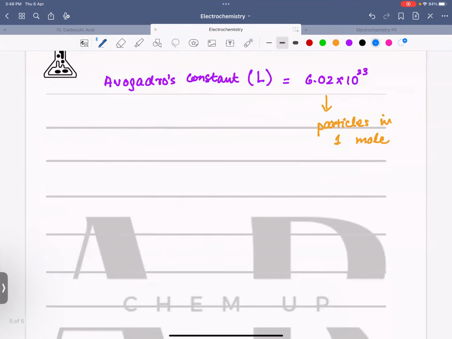So through electrolysis, we can justify or prove this constant.